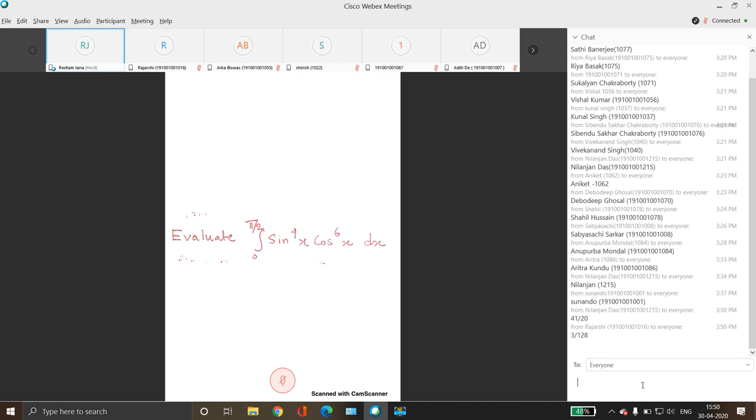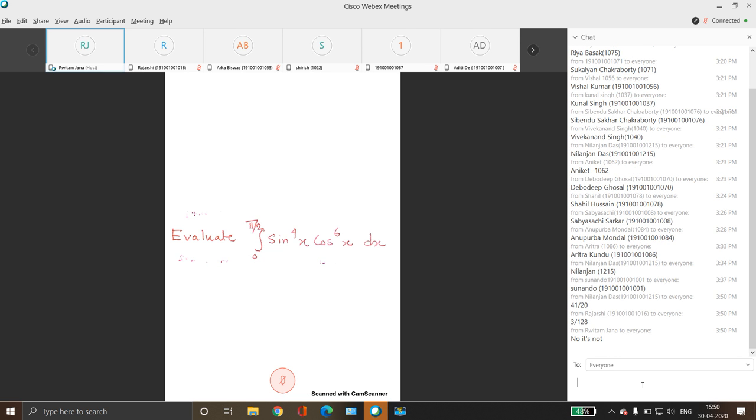No, it's not the correct answer. Not 41/20. 3/128 is not the correct answer. Keep trying again, because there will be some term related to the integral from 0 to pi/2 of cos to the power 6x dx, and then you have to use the formula I have written when I taught about the integral from 0 to pi/2 of cos to the power nx dx for n an even number.